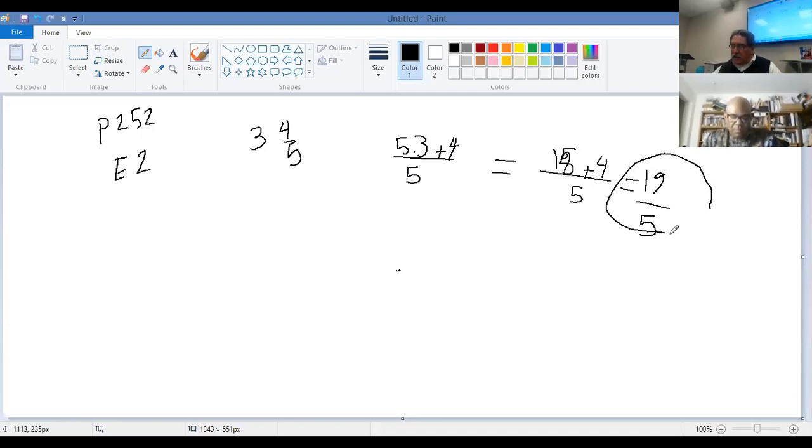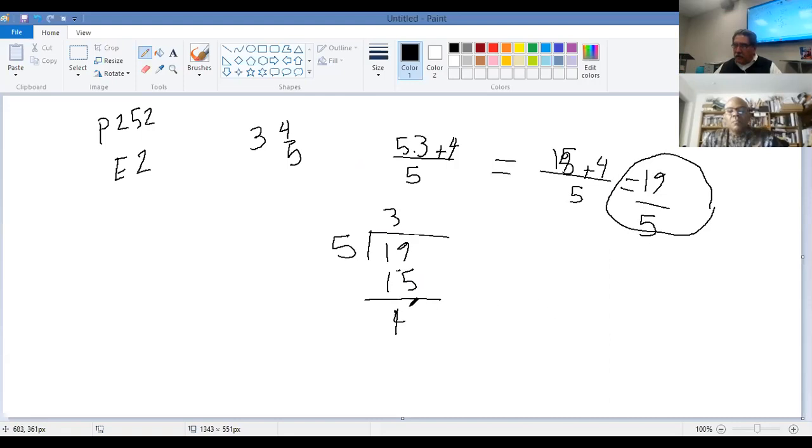This is called an improper fraction because it can be simplified. 19 is greater than 5. And in fact, to do the reverse, to convert an improper fraction to a mixed number, you divide 19 by 5. 5 goes into 19 3 times, you get 5, 15, and the remainder 4.